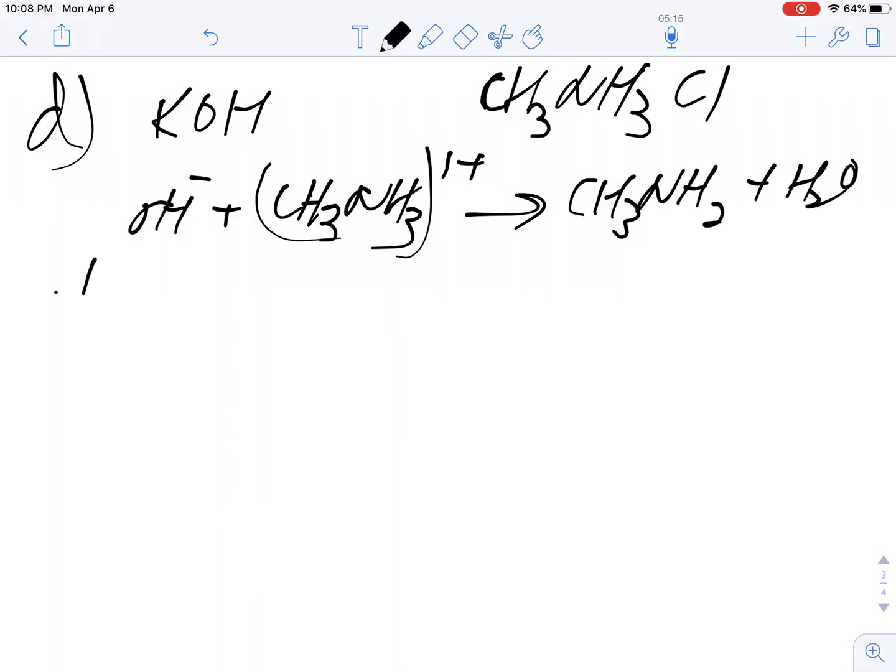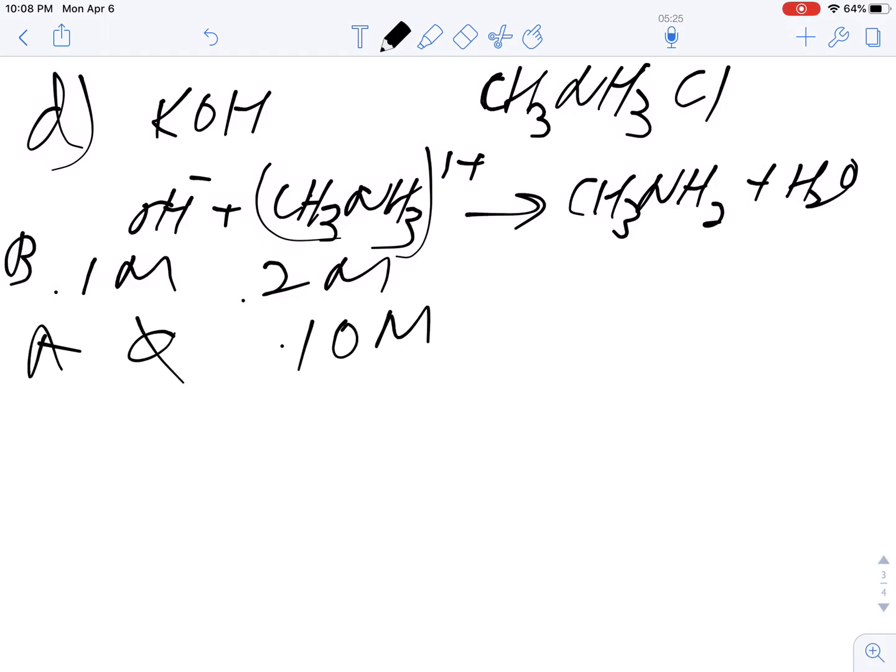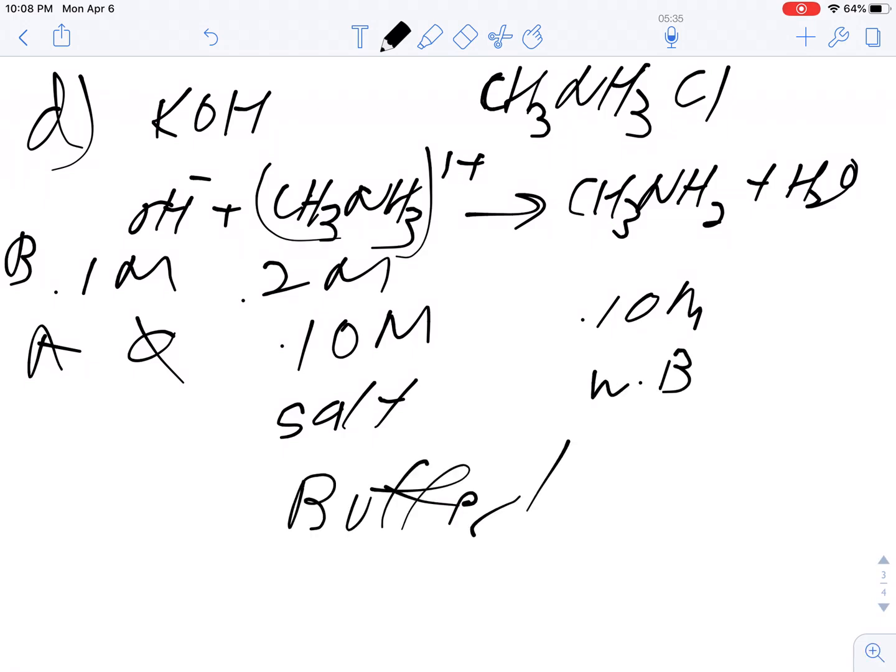This time I've got 0.1 molar of this, and I've got 0.2 molar of this beforehand. So afterwards, this will be gone. I will be left with some of my salt, and I will have created some weak base. So D is a buffer. Yay!